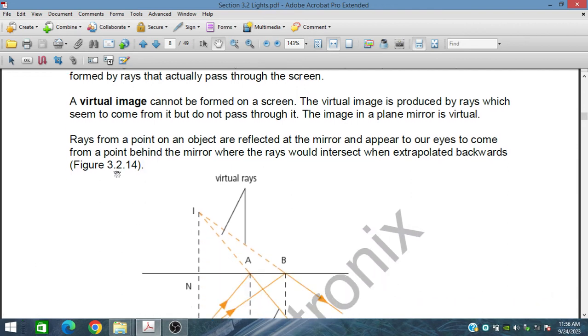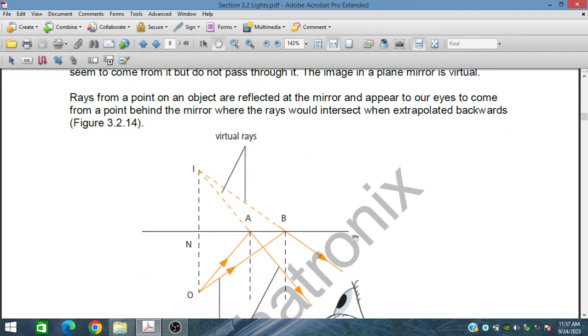Rays from a point on an object are reflected at the mirror and appear to our eyes to come from a point behind the mirror, where the rays would intersect when extrapolated backwards, like this.